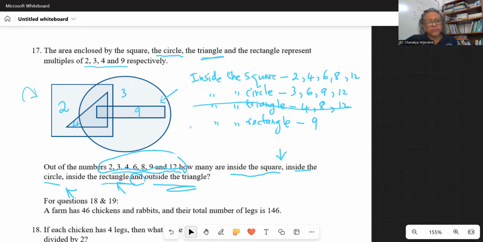So if there's nothing there, then in there and outside the triangle, there's also nothing. So we don't even need to find out what is outside the triangle, right? So what is the answer? No elements. It is 0, right? 0 elements. No elements, right? Okay. So we'll go to the next question.